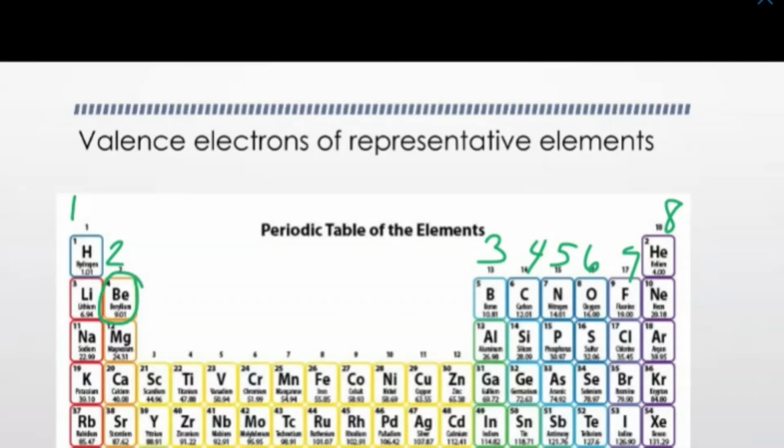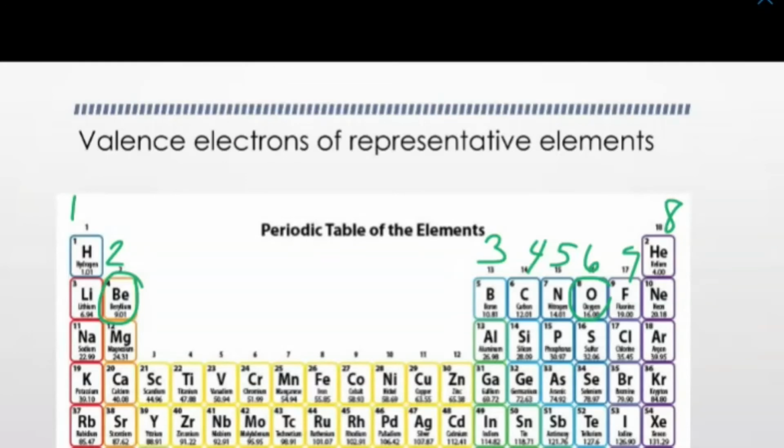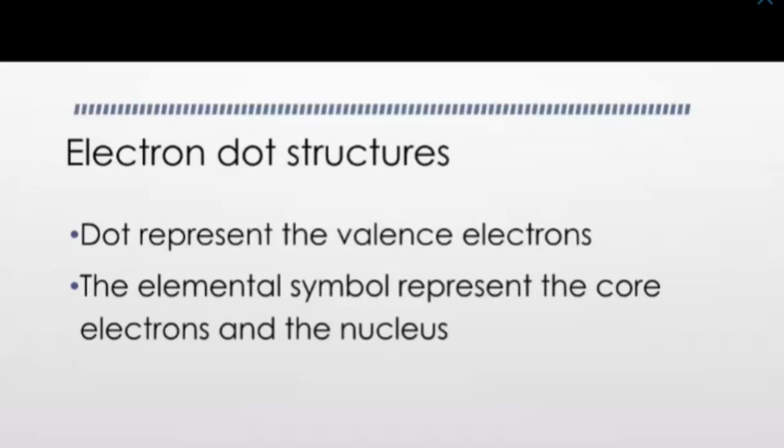That's how I know it has 2 valence electrons. Oxygen is right here, and we said it had 6. Right here, 2 and 4, 6. And it's in the 6th row. Sodium had 1. So there's a relationship between what row it's in and how many valence electrons there are. These numbers become very, very important. There's actually 2 sets of numbers we're going to end up writing on the tops, and that's one of them.